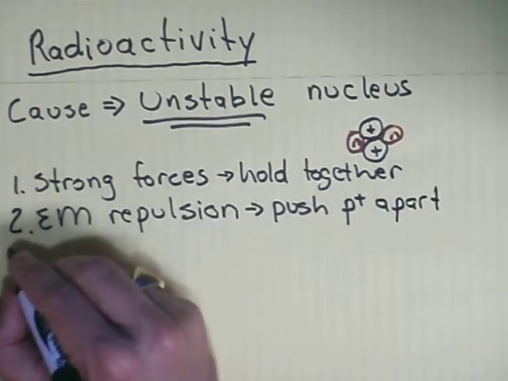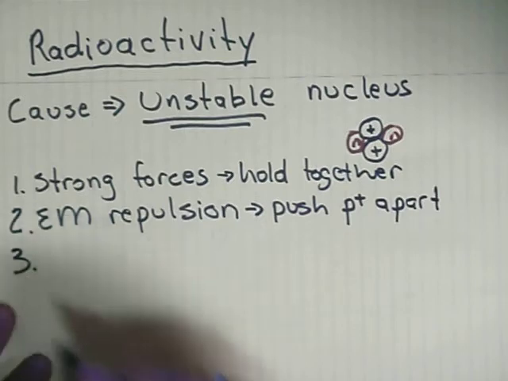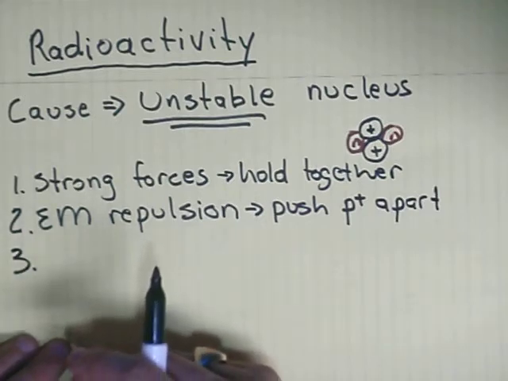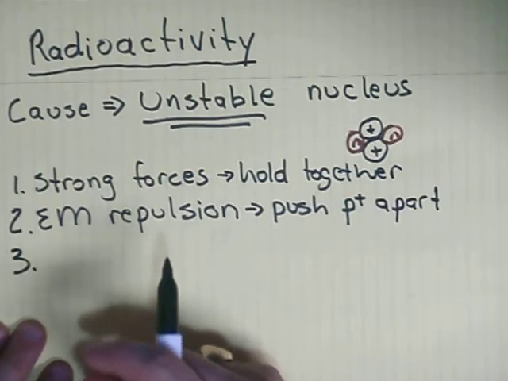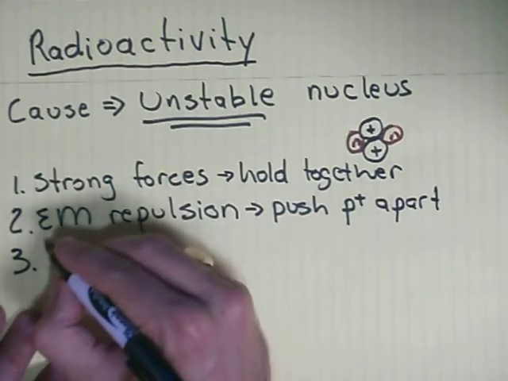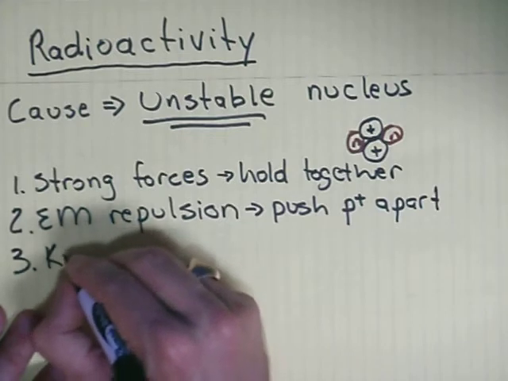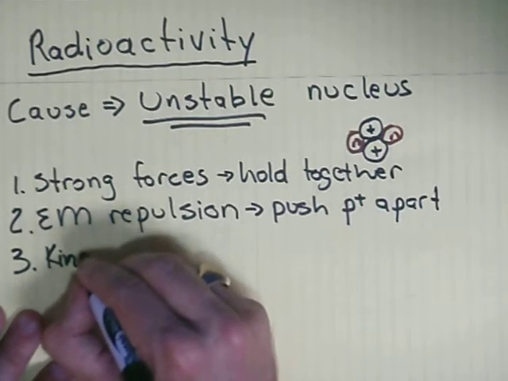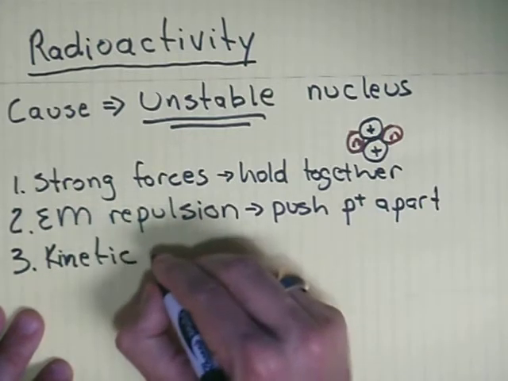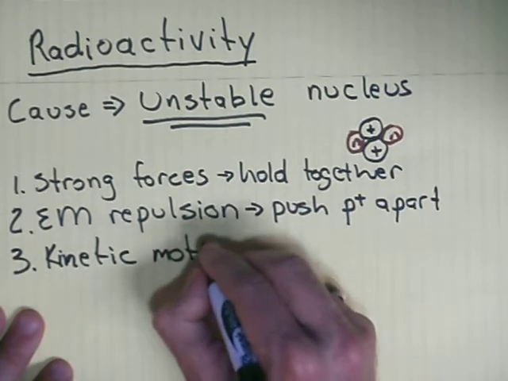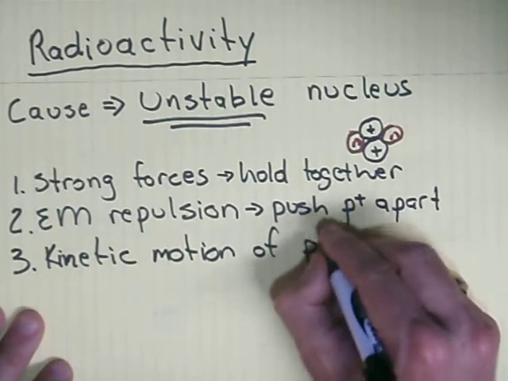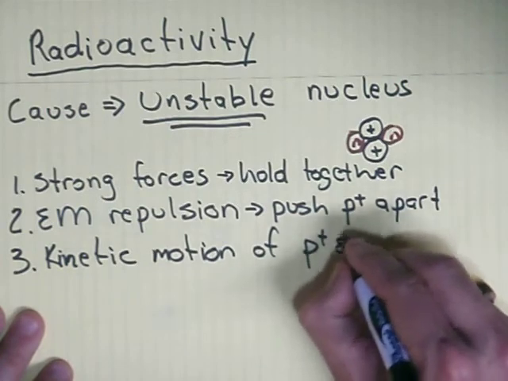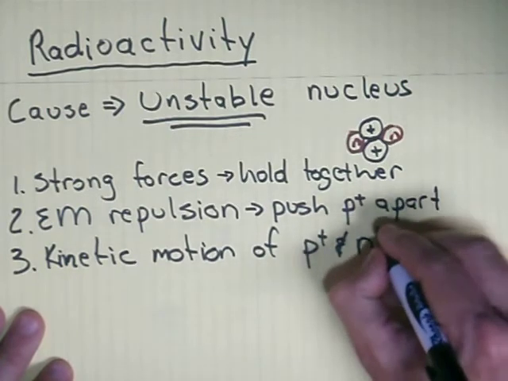And there's a third factor and force that's going on with that. Something I don't think we've talked about a lot yet, but that's purely the kinetic motion of both the protons and the neutrons.